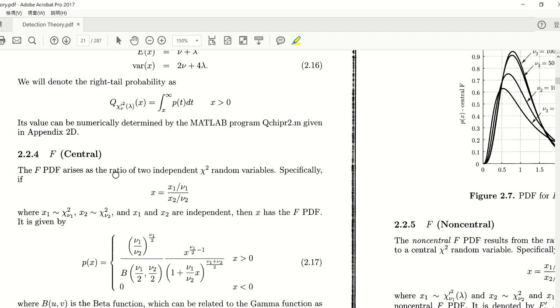The F PDF arises as a ratio of two independent chi-square random variables.